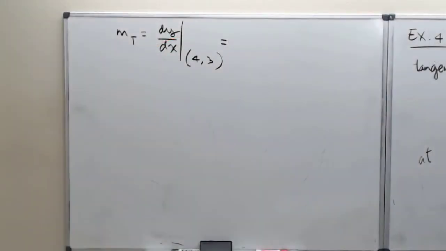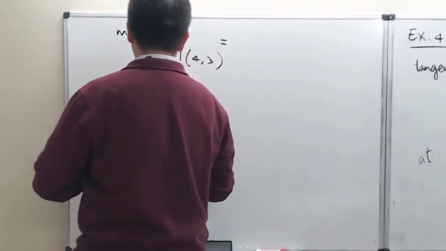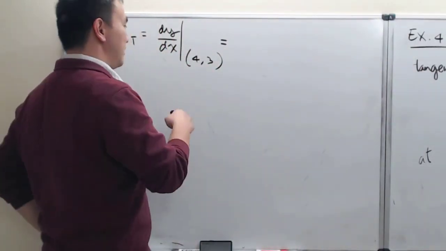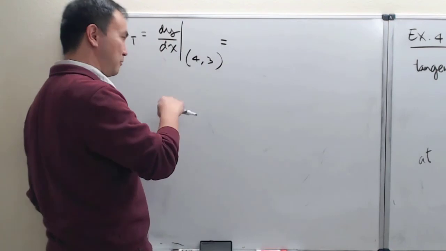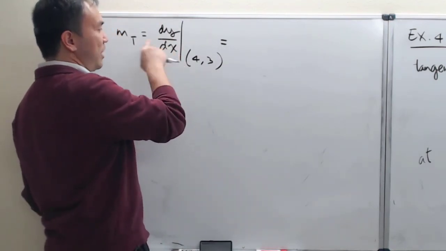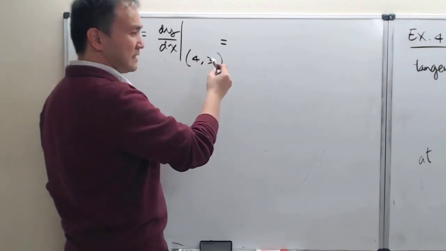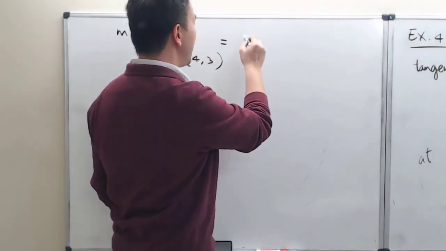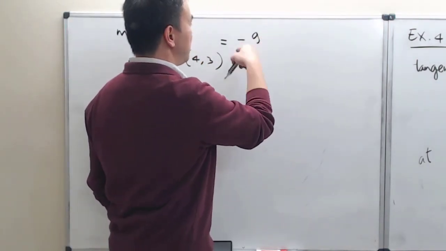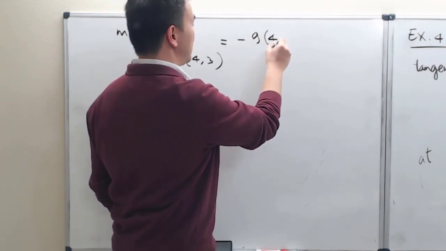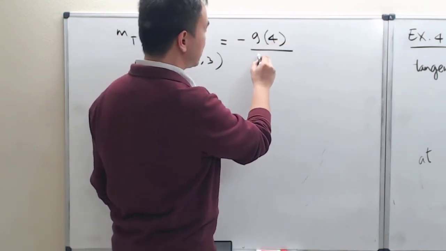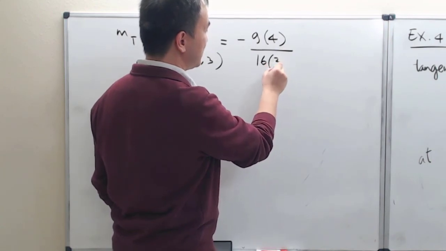But now let's get ready for the problem. Back to my slope that I'm halfway on my way to finding, the dy dx here substituted with the pair of values 4, 3. So we have minus 9 times the x value 4, divided by 16 times y, where y here is 3.